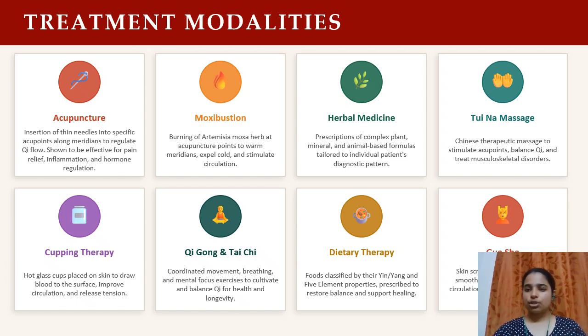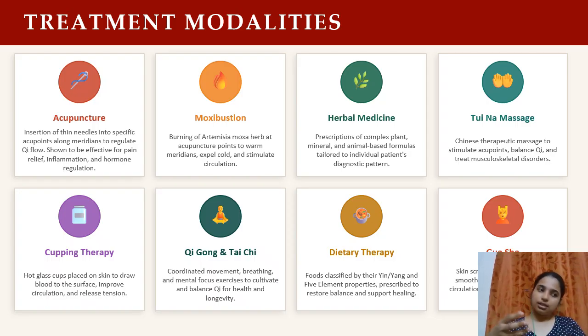Now, coming to the Tui Na massage or the Chinese therapeutic massage, this is also done to stimulate the acupoints and balance the qi as well as for treatment of musculoskeletal disorders. Cupping therapy is similar to hijama therapy in the Unani system of medicine, where hot glass cups are placed on the body and the blood is drawn to the surface.